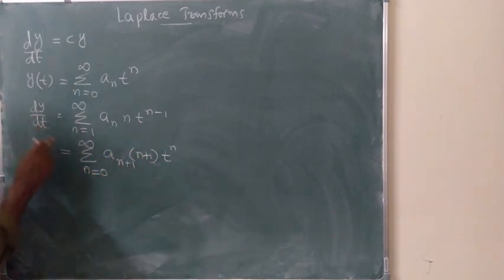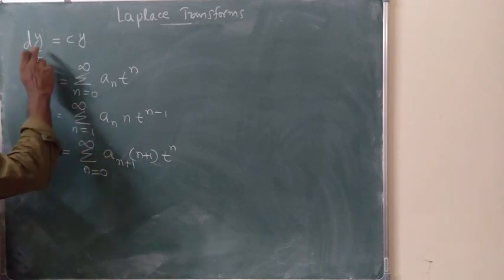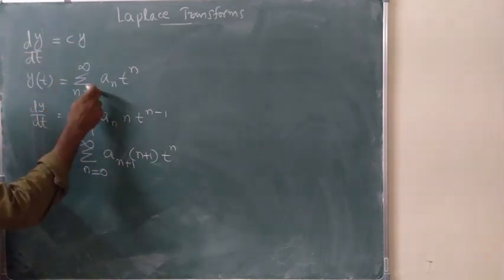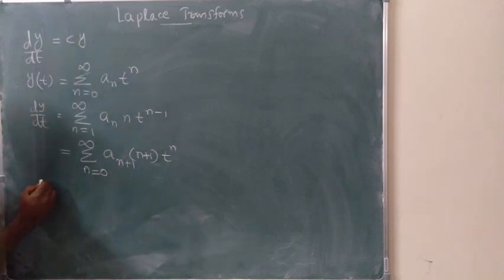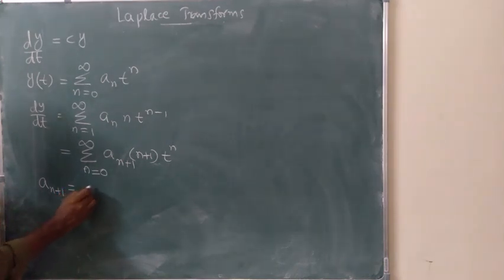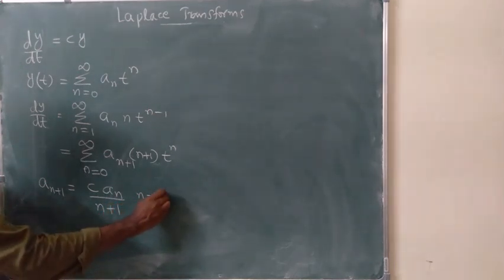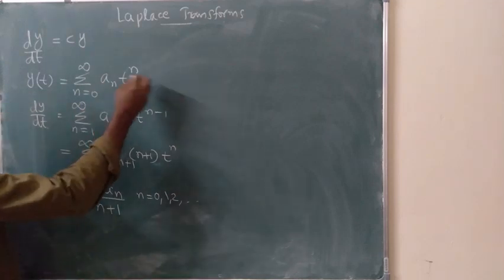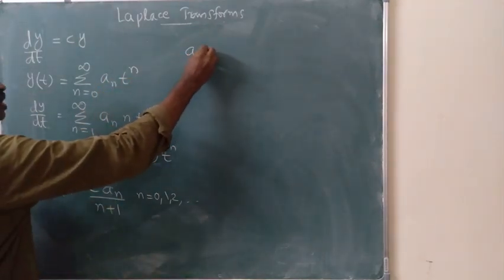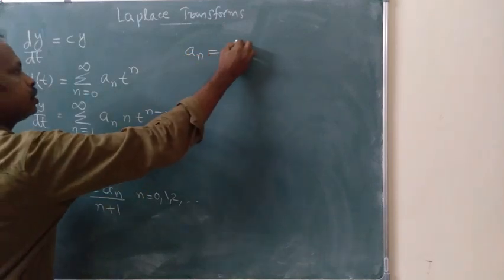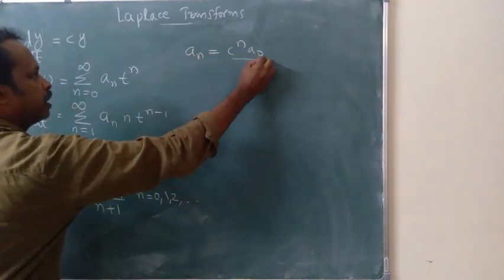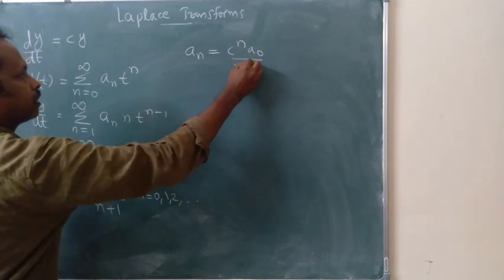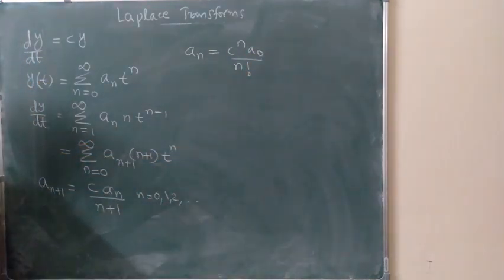So we substitute for dy/dt from here, and then for y from here. That implies a relation for a_(n+1) equal to c a_n divided by (n+1), for n equal to 0, 1, 2, etc. Now this implies that a_n is equal to c^n a_0 divided by n factorial.